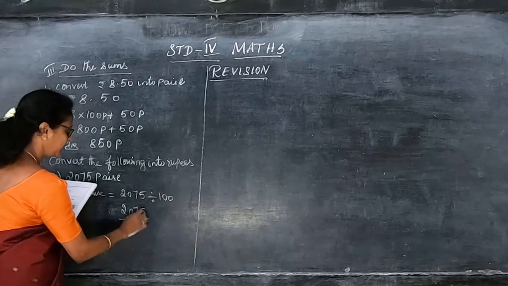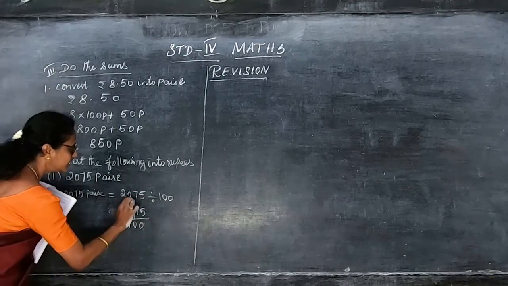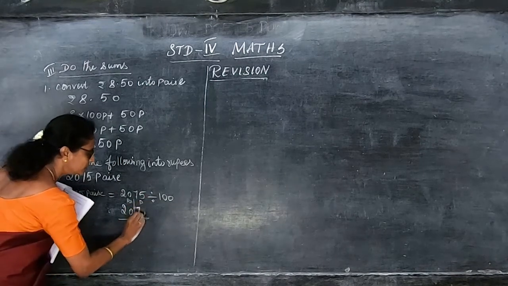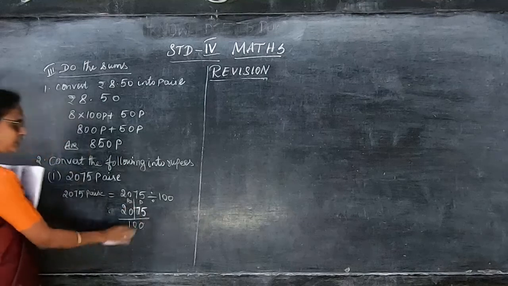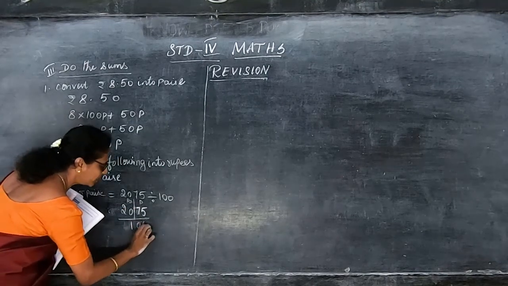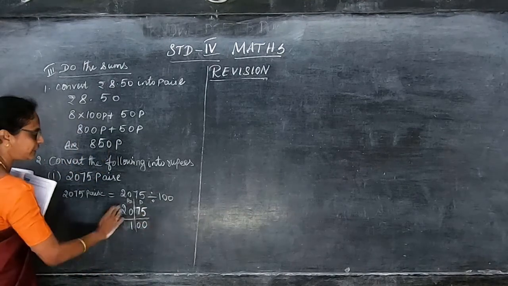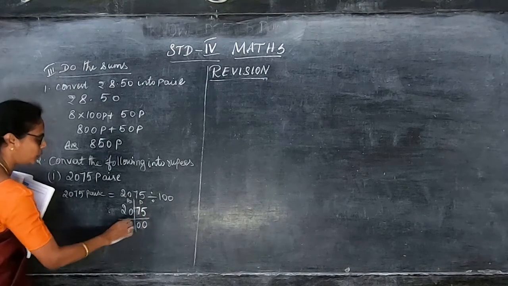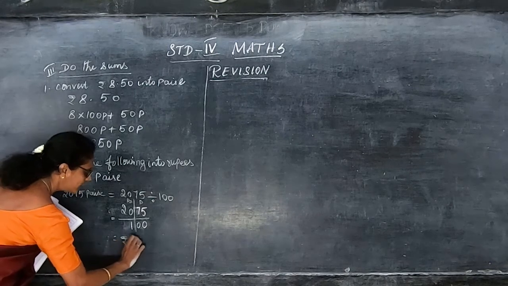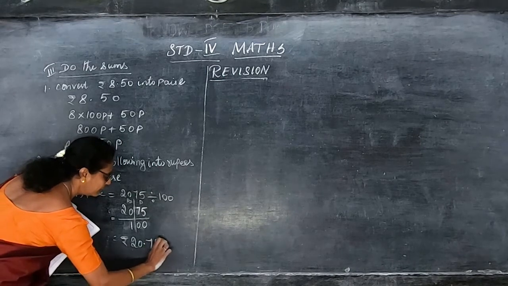Keep 2 digits on the right side: this is rupees, this is paise. Can you understand? The easy way to divide is, since 100 has 2 zeros, you can split like this, 2 digits for paise. So this is rupees and this is paise. So the answer is rupees 20 and 75 paise, put a dot, 20.75.